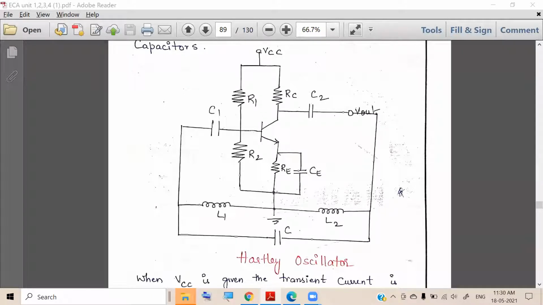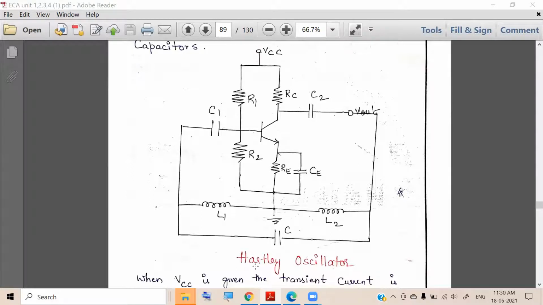R1, R2, RE, RC provide the necessary biasing. C1, C2 are coupling capacitors or blocking capacitors. CE is the bypass capacitor. So it is the same old explanation for the CE amplifier which we discussed in the first unit.